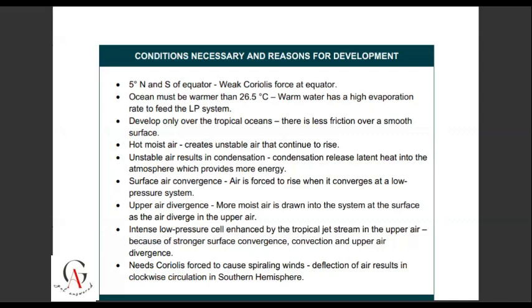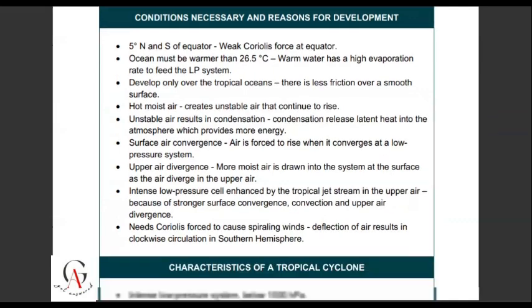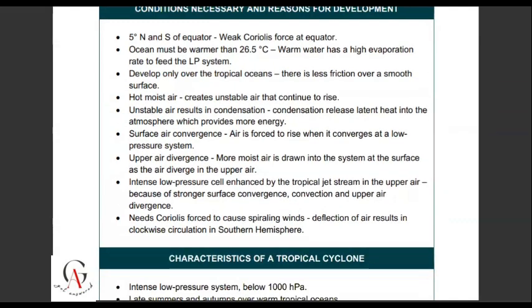So we are saying the tropical cyclones, for them to develop effectively, they need Coriolis force. They need a deflective effect, which is caused by the Earth's rotation. So basically, we are saying they do not occur within a region of 0 to 5 because the frequency of deflection is very minimal in that region.